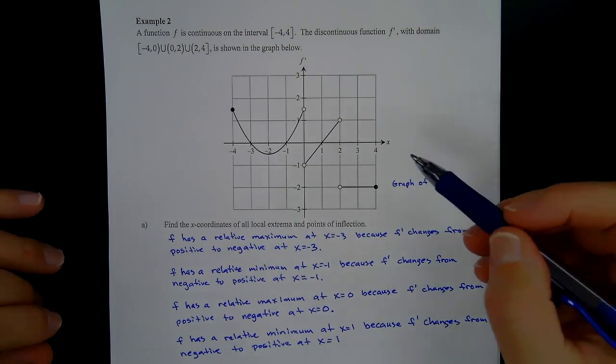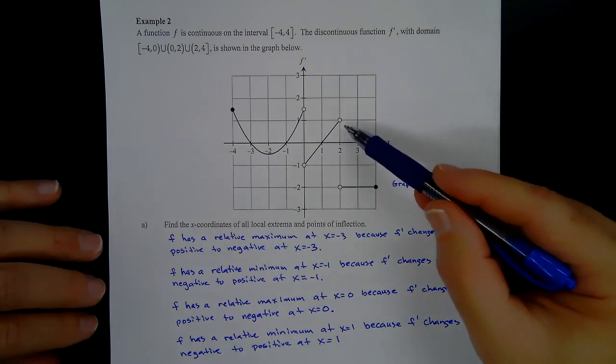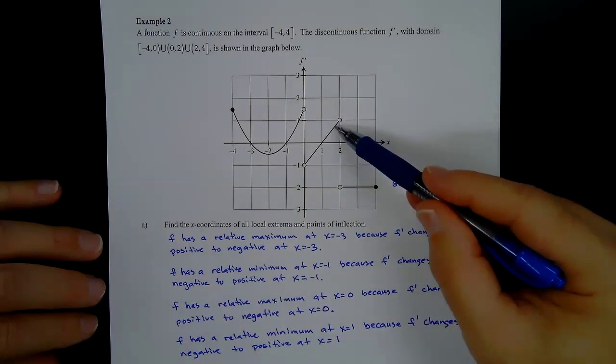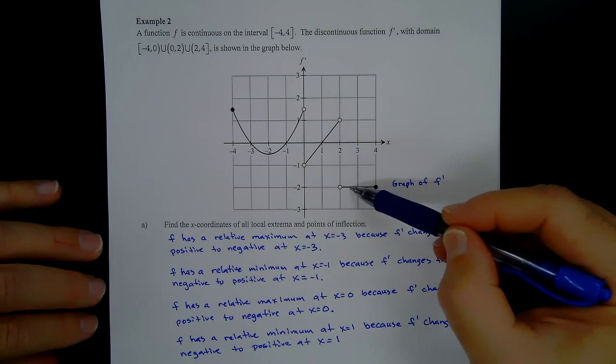Okay. And then we have another one at x equals 2 because the derivative doesn't exist right there. Just before 2, it was positive, and just after 2, it's negative.